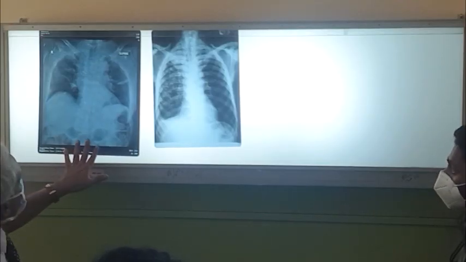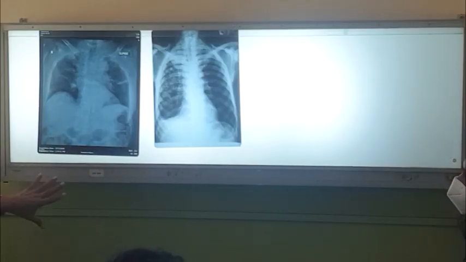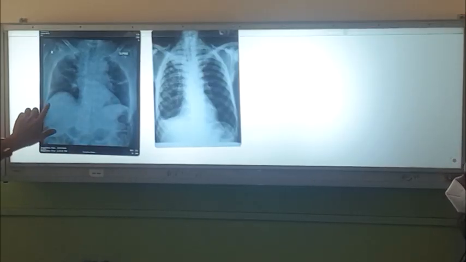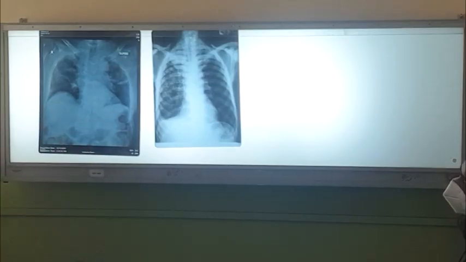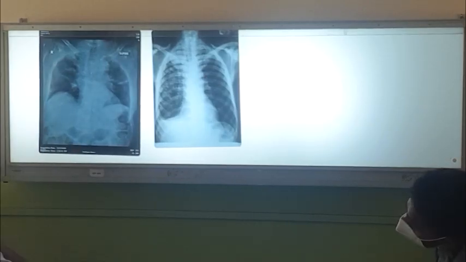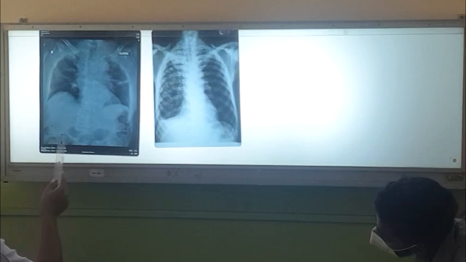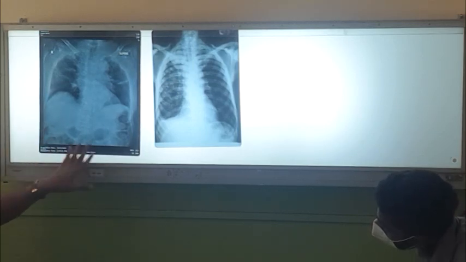This patient has a diagnosis of multiple myeloma. Okay, a lot of rib fractures and all. So you can see multiple rib fractures. This is a diagnosis of multiple myeloma. Multiple myeloma patients can have severe osteoporosis. So this is severe osteoporosis, and even the soft tissues and the bones look similar.